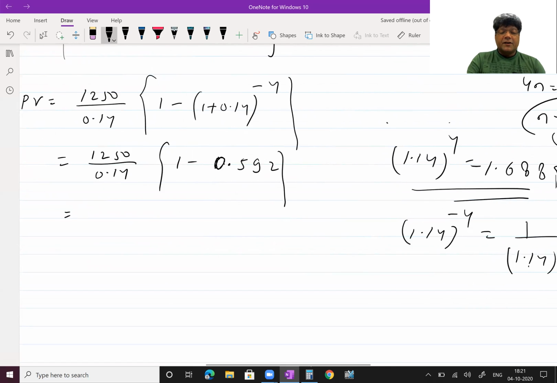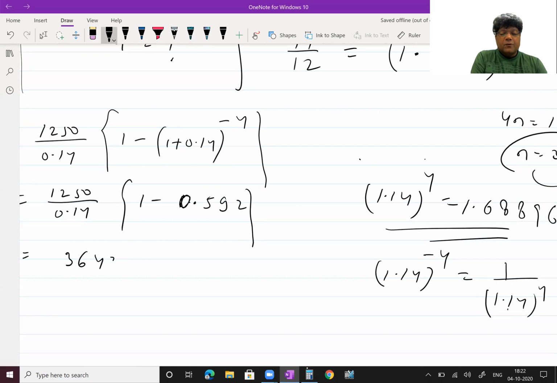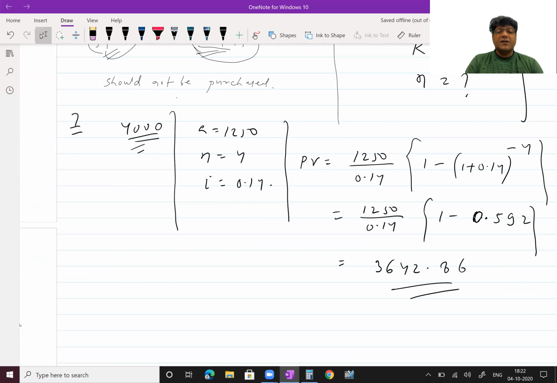Now, finally using the calculator, we are getting 1 minus 0.592, into 1250, divided by 0.14, is equal to 3642.857. That means 3642.86. Guys, this is the inflow value at today's date.